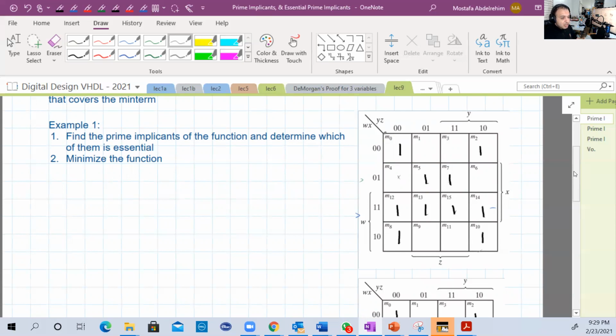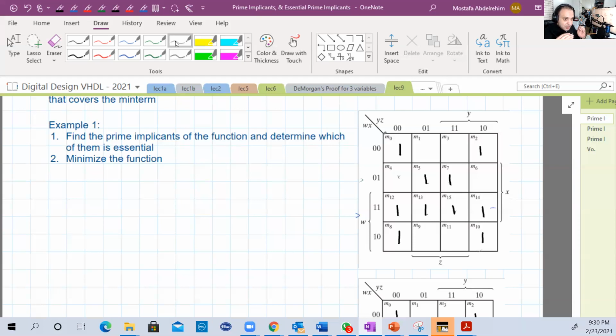We choose the essential ones plus some of the prime implicants to form the most minimized form of the function. This is the formal systematic approach of solving the Carnot map, although we already did it, but just by sense.